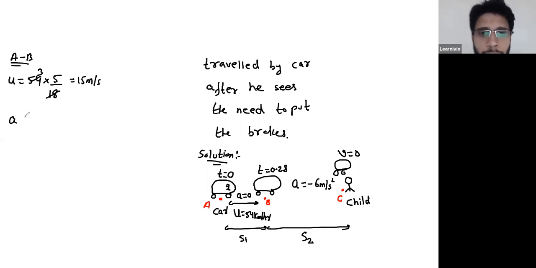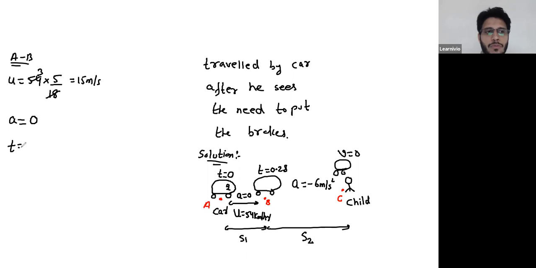Minus 6. When did it apply brakes? In between 0 to 0.2 seconds or after 0.2 seconds? After 0.2 seconds. So what should be the acceleration in between 0 to 0.2? If he has not applied brakes, then the velocity of the car will not change. The acceleration would be 0.